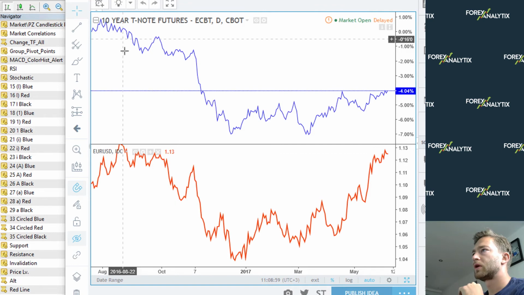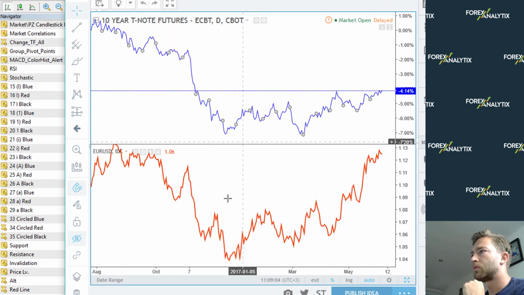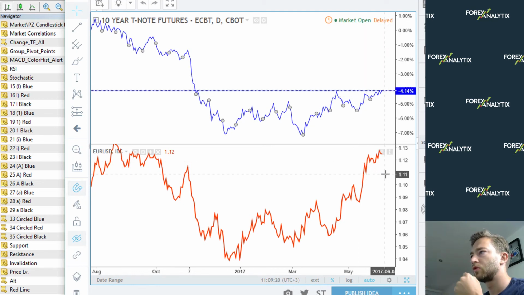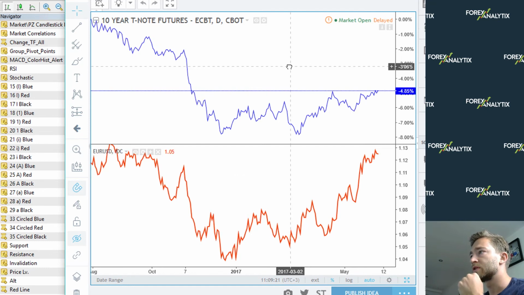Now here we are looking at 10-year US notes compared to euro dollar. You can see that both markets have been in tight correlation since the end of 2016, and both markets recovered in some kind of 3-wave movement. I see 10-year US notes running into some resistance here, so if 10-year US notes return to the downside, then euro dollar may also see some weakness.